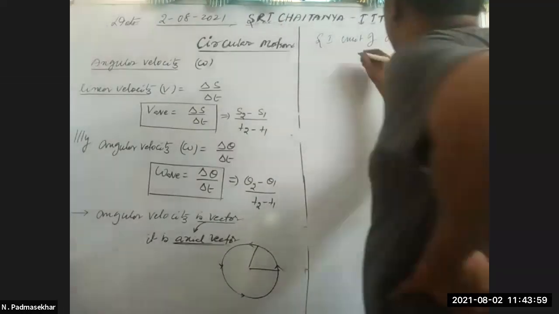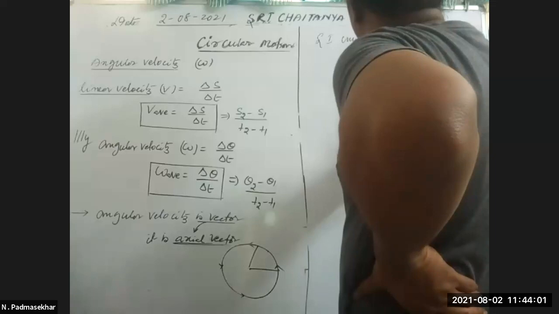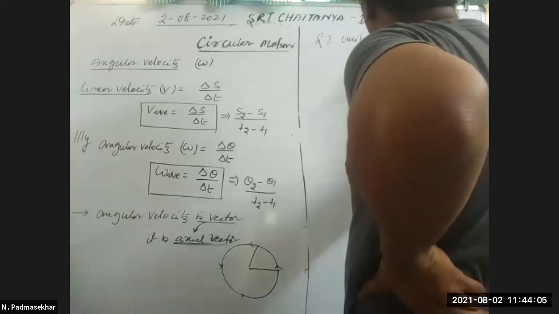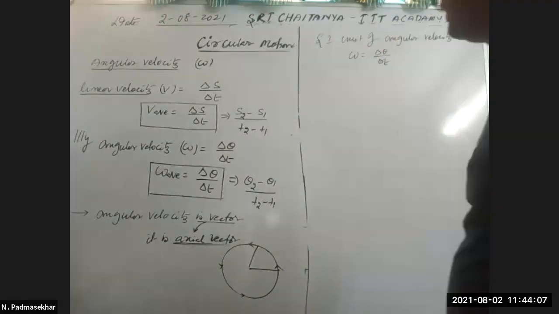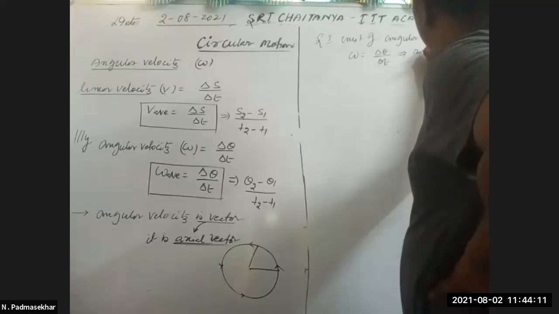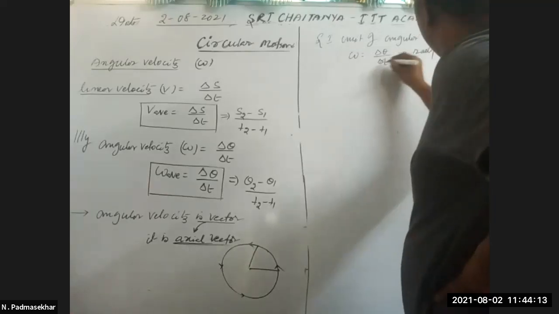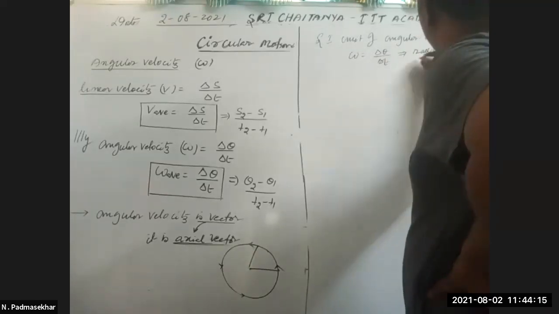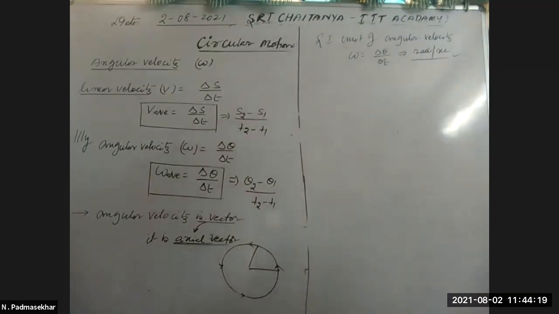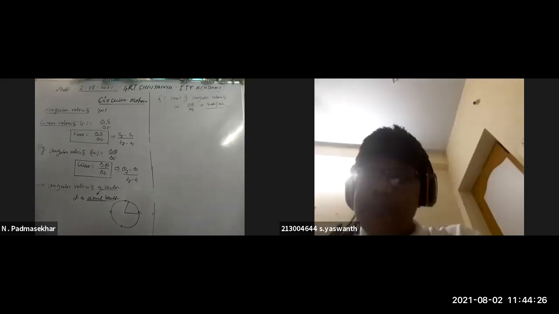Omega is equal to delta theta by delta t, and this is radian per second. The SI unit of angular velocity is radian per second.